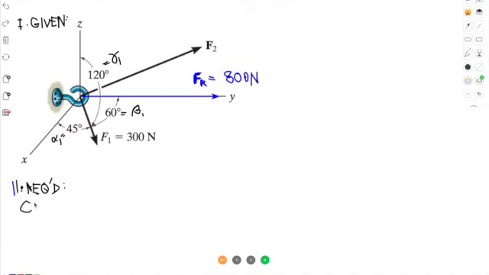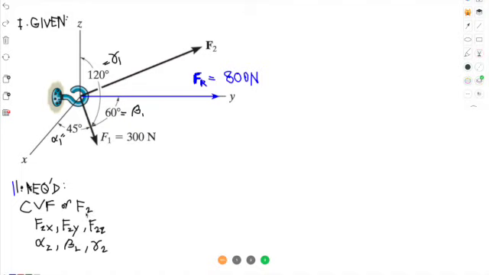So we have CVF of F2, that means we need F2x, y, and z, as well as their direction angles. So alpha 2, beta 2, and gamma 2.